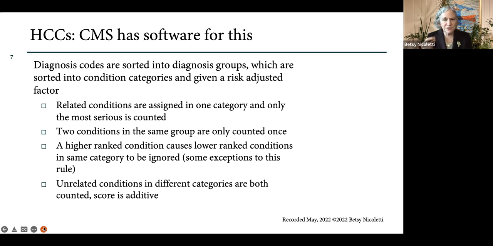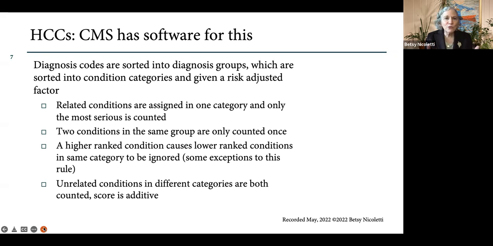Related conditions are assigned in one category and only the most serious is counted. Two conditions in the same group are only counted once. A higher ranked condition causes lower ranked conditions in the same category to be ignored. There's some exceptions to that. And then unrelated conditions in different categories are counted and the score is additive.